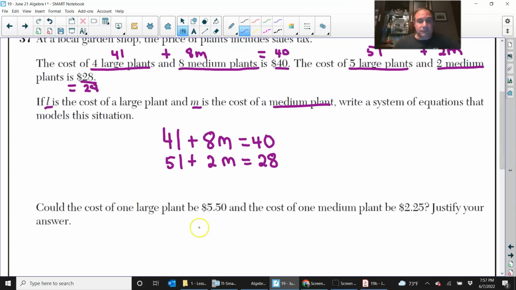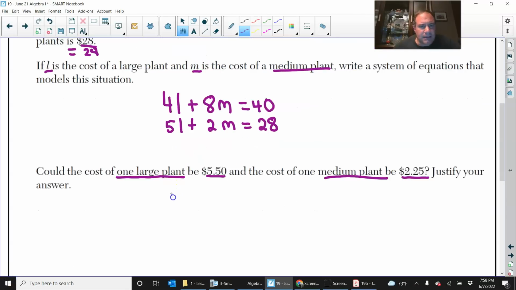So we have to answer the second question. Could the cost of one large plant be $550 and the cost of one medium plant be $225? Right? And it says justify your answer. I'm just going to take my first equation that I made. 4 times 5.50. I don't have to put 550. I put 5.5.